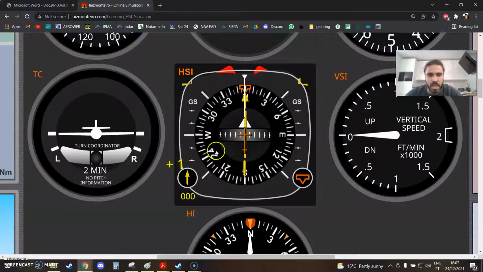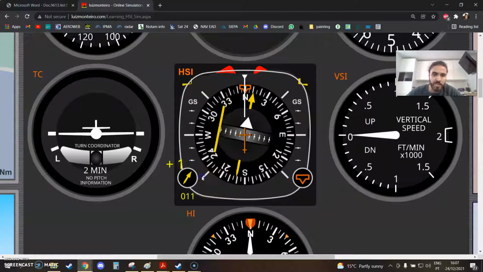For instance, we are currently on the line of position 360 to 180. If we select 001, it tells you we are 1 degree to the right of line of position 001 to 181. Going further, the line of position 005 to 185 is 5 degrees to your left, or even 10 degrees to your left.